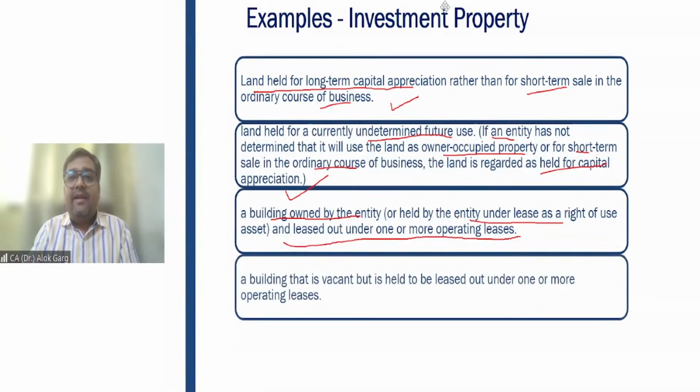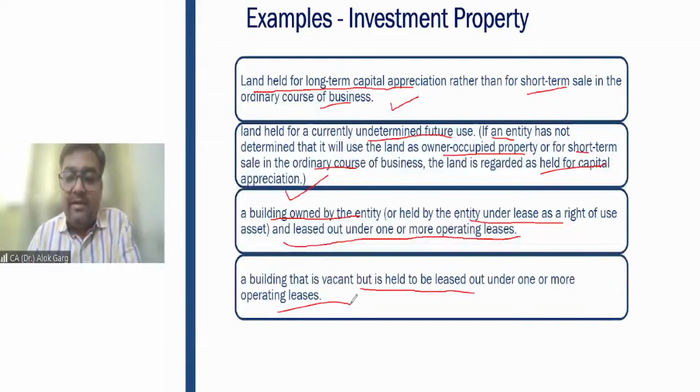A building that is vacant but is held to be leased out under one or more operating leases. In the COVID time, people went to their homes, and in Delhi NCR, in Bangalore, in Mumbai, there were a lot of buildings just lying vacant.